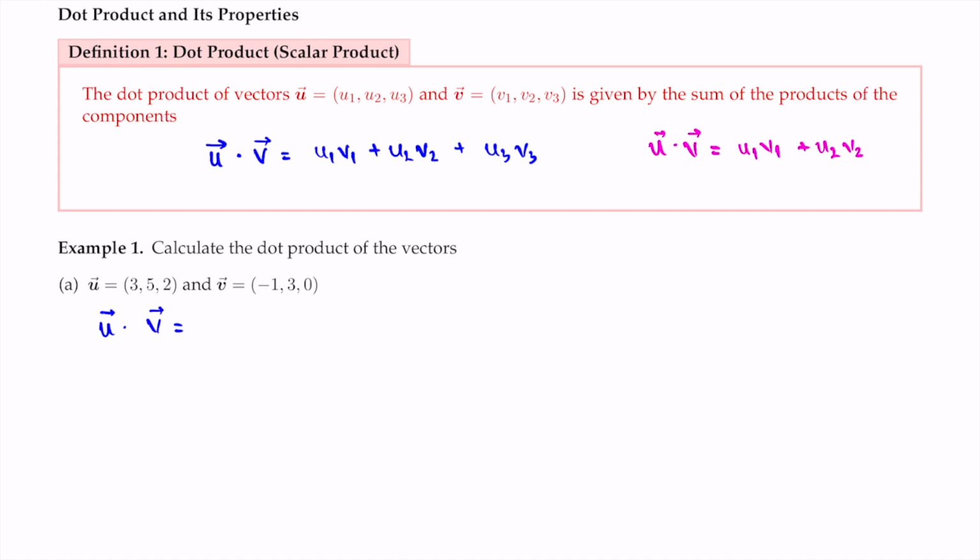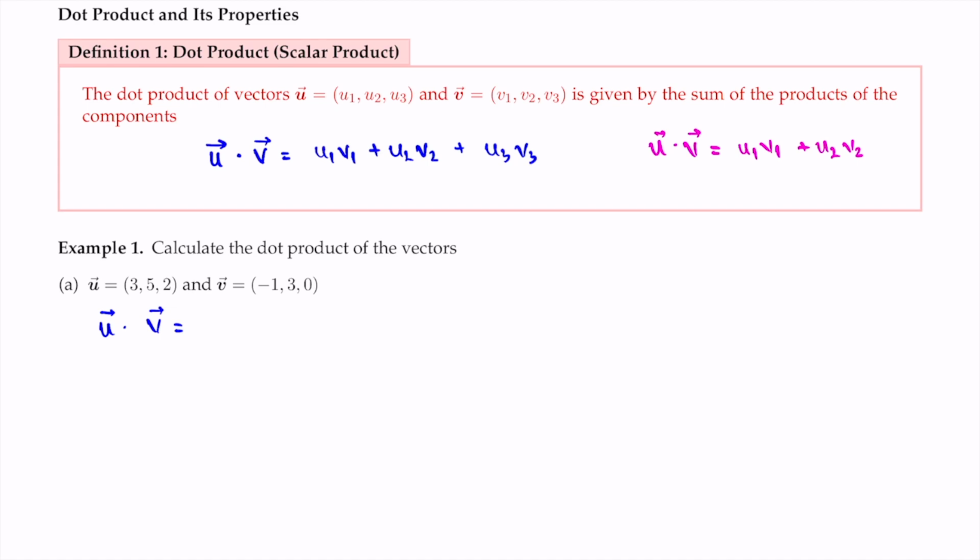Sometimes I use a dot for regular multiplication, but in that specific case, when I just want to make sure that it is a regular multiplication, I will mention it. Most of the time, when I use the dot between two vectors, it means the dot product.